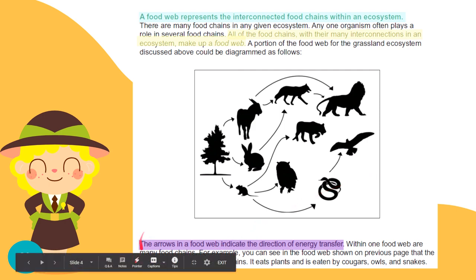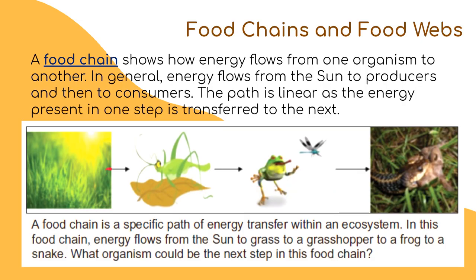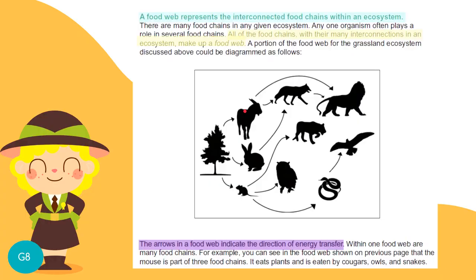The arrows in a food chain and in a food web indicate the direction of the energy transfer. The arrow shows which organism will receive the energy. To whom will the energy be transferred? In a food chain, it's very easy to visualize, but in a food web, you really have to look carefully.